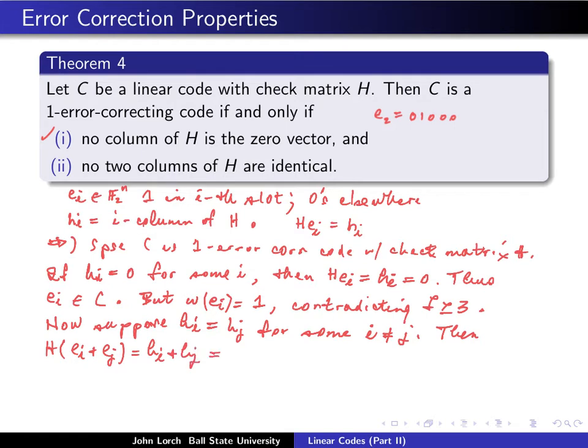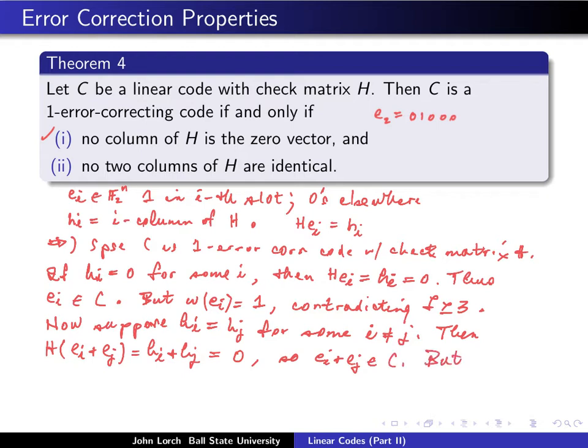But remember that h sub I and h sub j are equal, and remember, in this vector space, if you have two equal vectors and you add them together, you get the zero vector. So that means that E sub I plus E sub j is a code word.